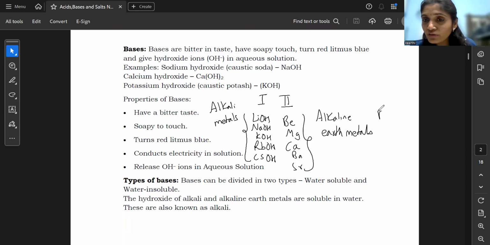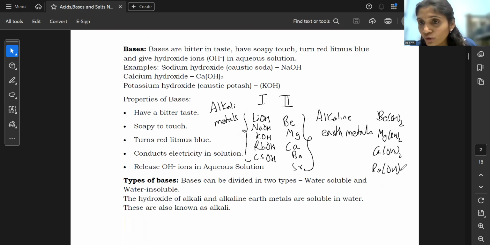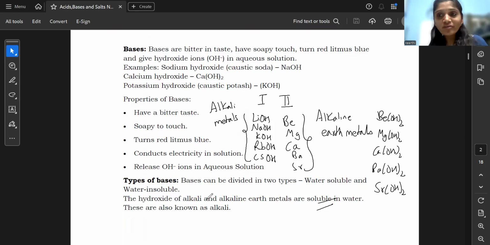Now for alkaline earth metals, if I take the hydroxides, Be(OH)2, Mg(OH)2, Ca(OH)2, barium hydroxide Ba(OH)2, strontium hydroxide Sr(OH)2, all of them are soluble in water. So which bases are soluble in water? The hydroxides of alkali metals and the hydroxides of alkaline earth metals are soluble in water.